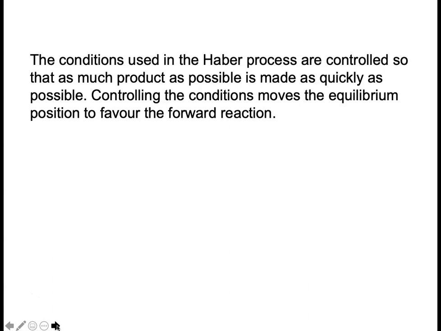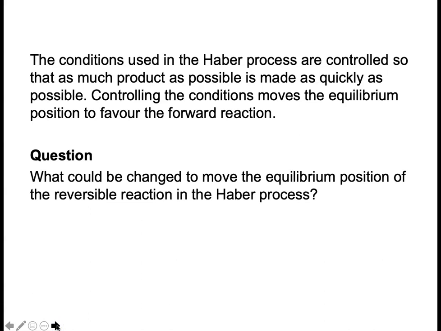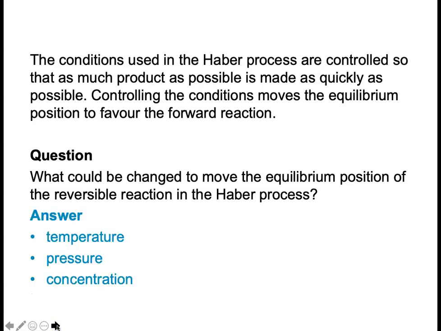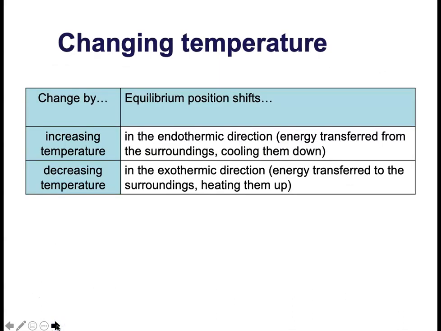That will give you a maximum yield of ammonia. So what can we change in terms of temperature, pressure or concentration to make more ammonia? How does temperature affect the position of equilibrium?